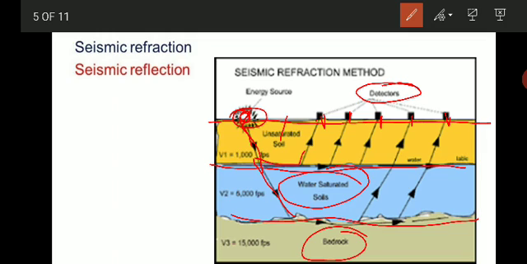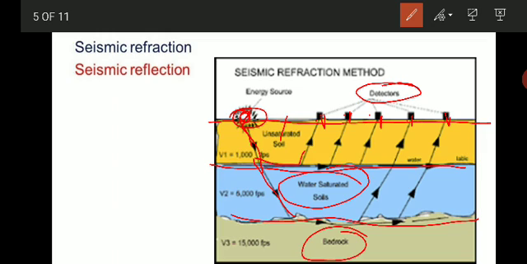As you can see in the image, the geophones are the sensors, and they record the time traveled. By knowing the arrival time of different waves at different distances from the energy source, the velocity of propagation of the wave through each rock or each layer can be calculated.